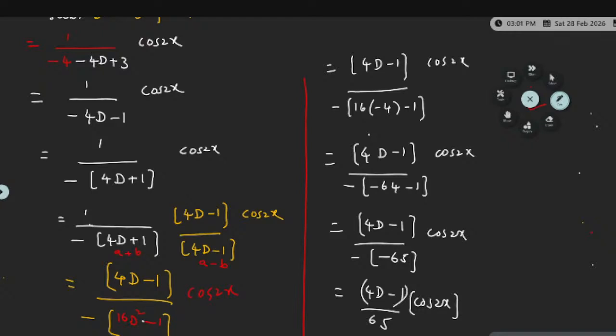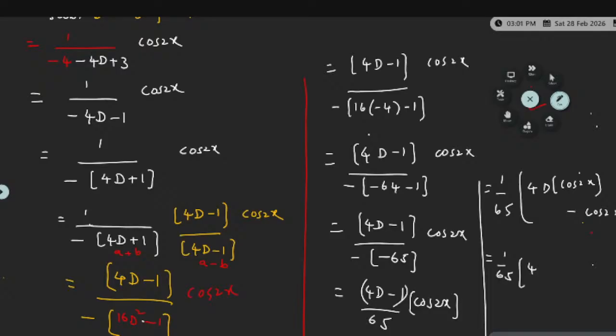Next 1 by 65. Multiply these two. 4 d of cos 2x minus cos 2x. 1 by 65. D means d by dx of cos 2x minus cos 2x.